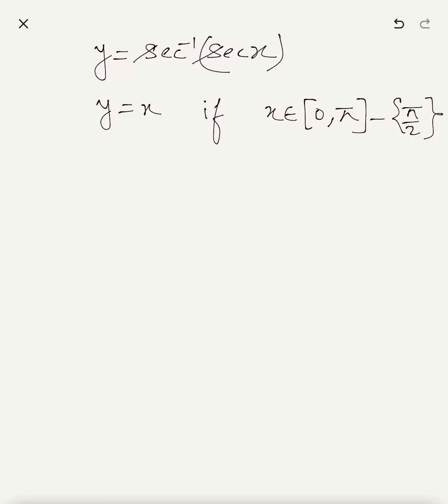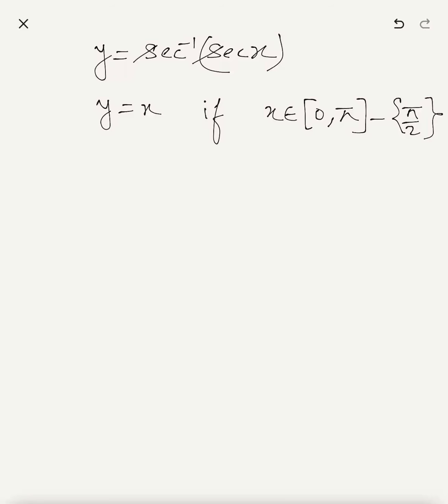Anyway, now let us draw the graph of this first impression, y equals to x, and we will proceed on. This is nothing but similar to cos inverse of cos x graph. You remember cos inverse of cos? Just now, a couple of minutes back, I have drawn the graph of cos inverse of cos x.